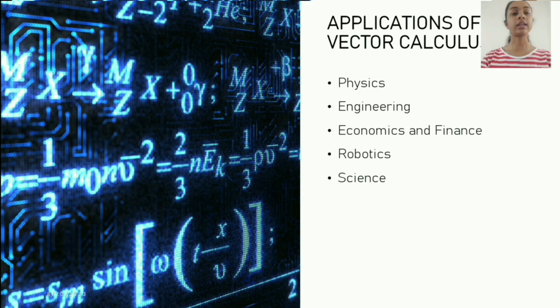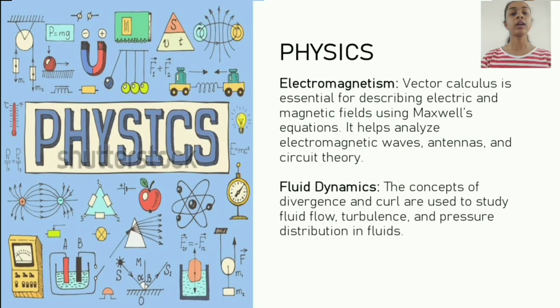Applications of vector calculus. We are applying vector calculus in the field of physics, engineering, economics and finance, robotics, science, and more. The first application is physics. In physics, we are using vector calculus for electromagnetism and fluid dynamics. Electromagnetism.